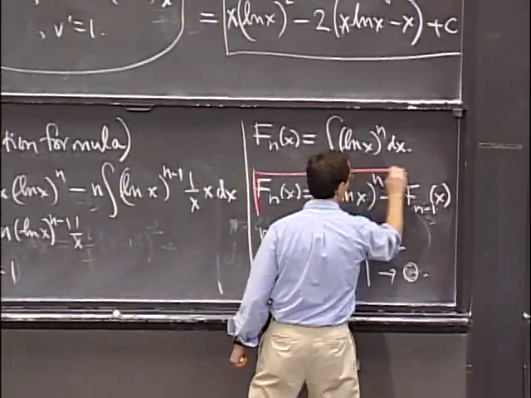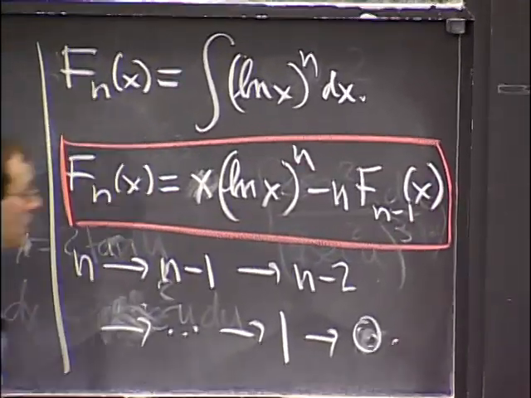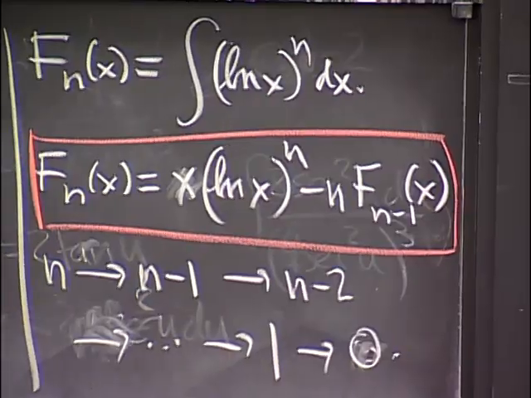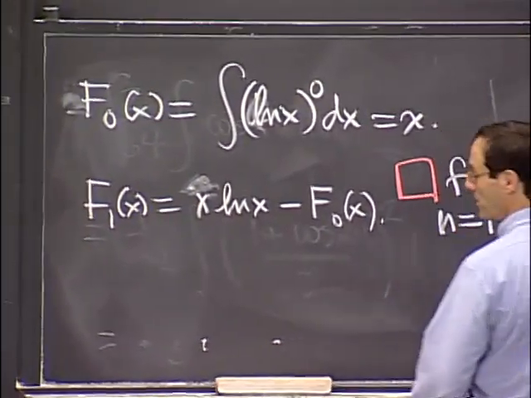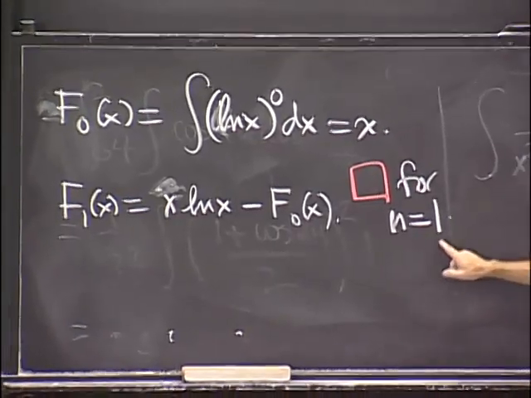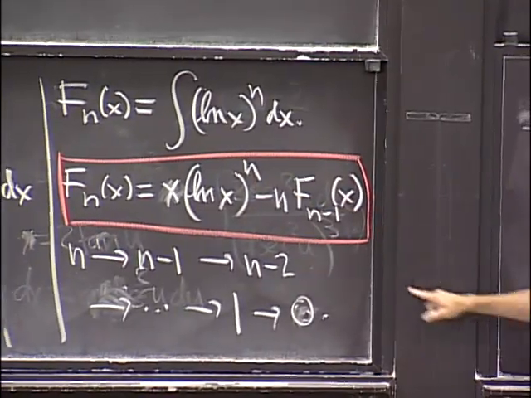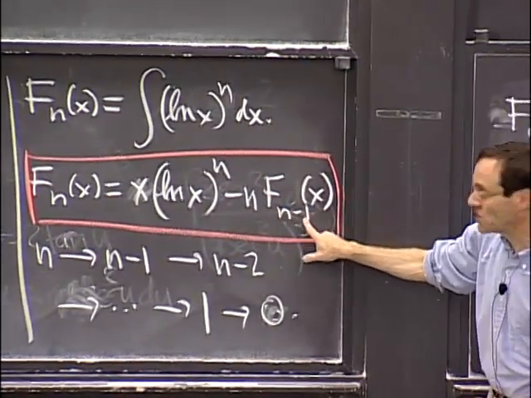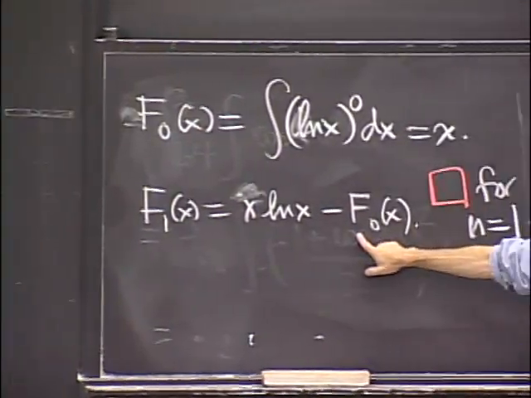Here's the rule. And I'm applying it for n equals 1. I plugged in n equals 1 here. So here I have x (log x) to the 1 power minus 1 times f sub 0 of x. And that's what I put right here on the right-hand side.